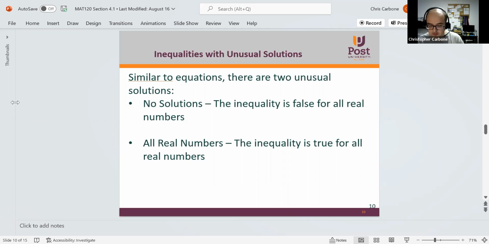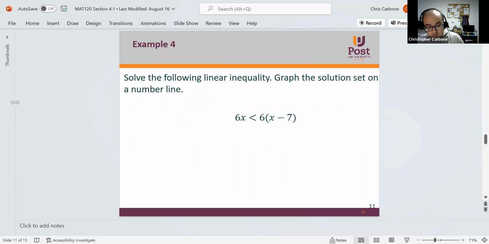So for example, number 4, we want to solve this linear inequality and graph the solution set on a number line. So for 6x is less than 6 times x minus 7, we could distribute the 6. We get 6x is less than 6x minus 42. And then subtract 6x from both sides. These cancel.